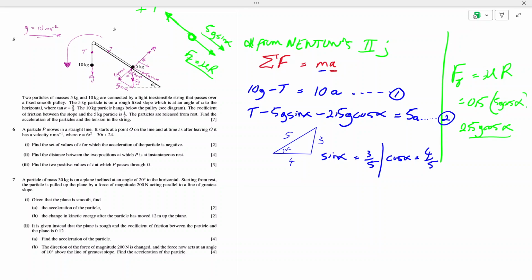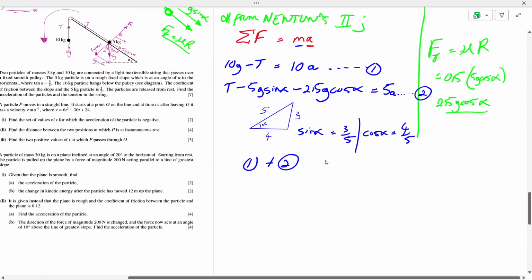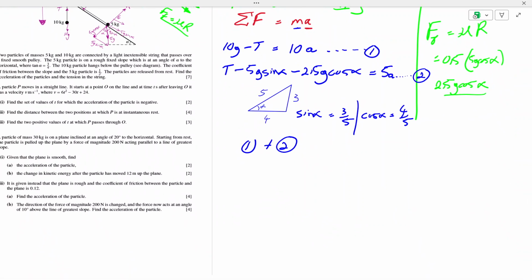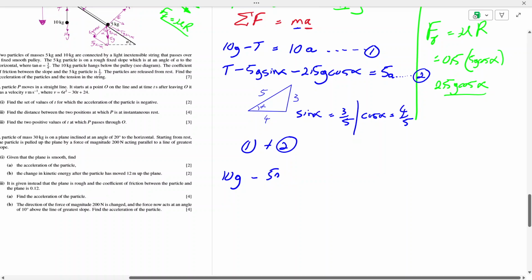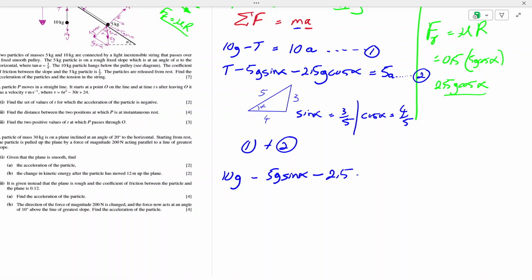Right. So I'm gonna add equations 1 and 2. When I add those equations, the T's are gonna cancel out, and I'm gonna be left with 10g minus 5g sine alpha minus 2.5g cos alpha is equal to 15a.